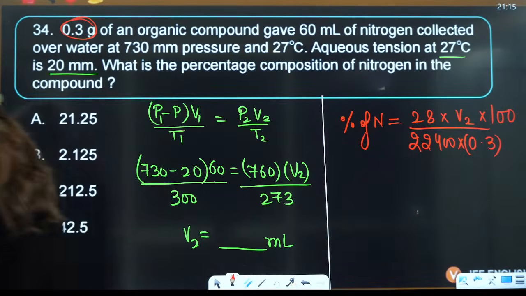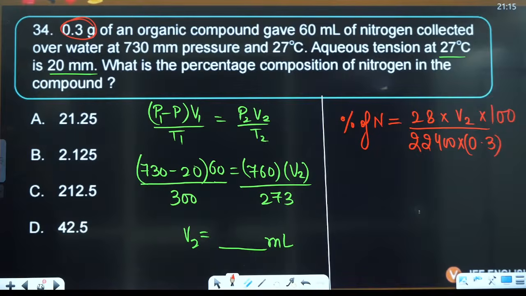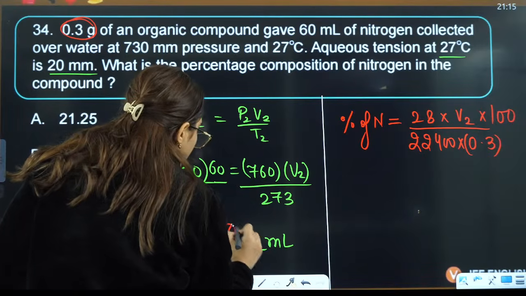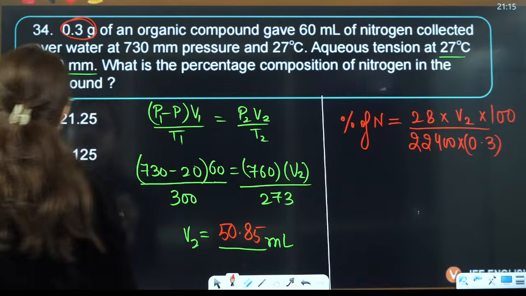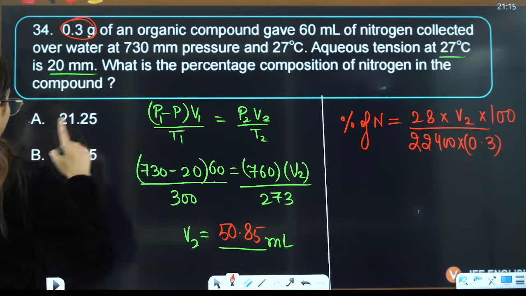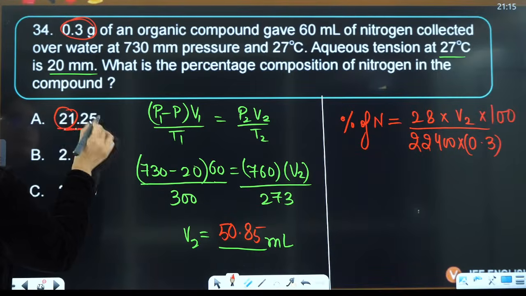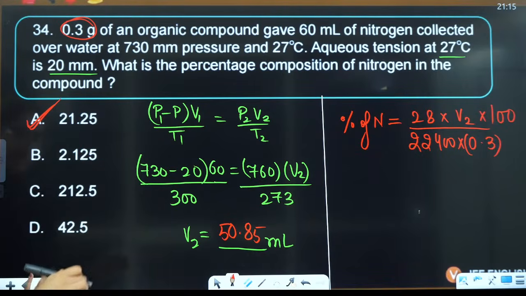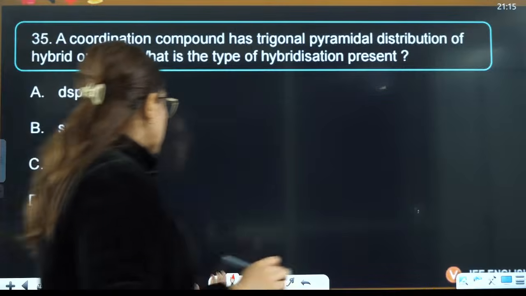That is going to be your percentage here, right? I'll just tell you after solving what you will get here. 21.8% you will get. Volume you are getting to be 50.85. So the answer after calculation will be A.